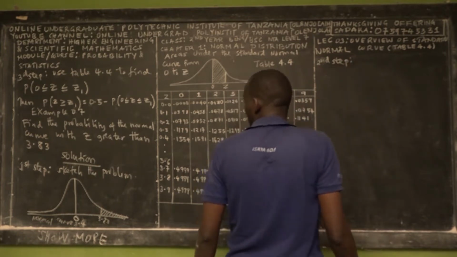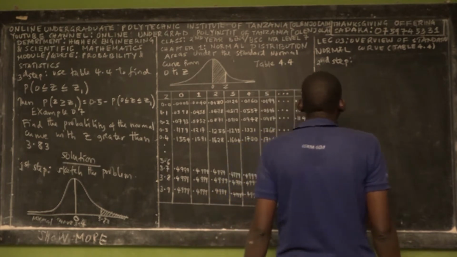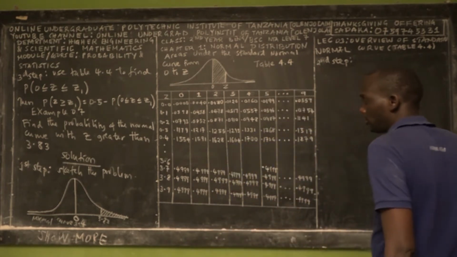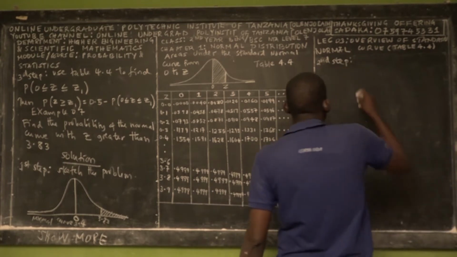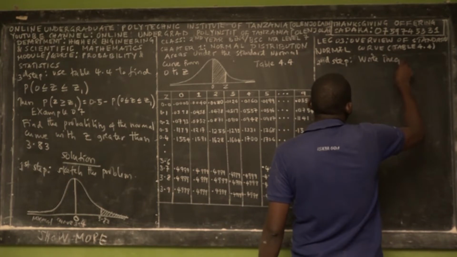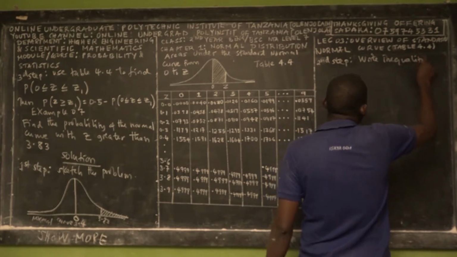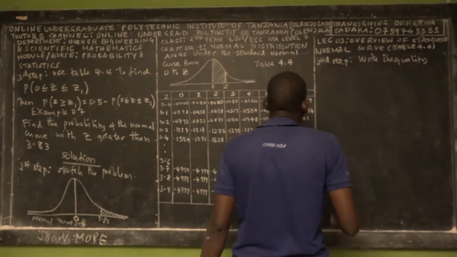Right, so that's the first step. The second step, after sketching the normal distribution curve, is to write the inequality.